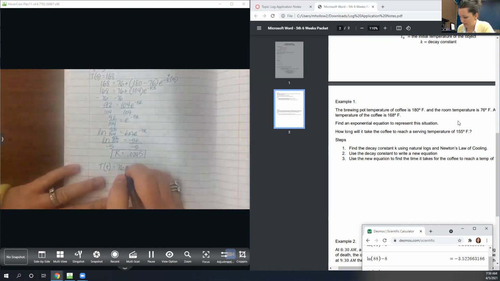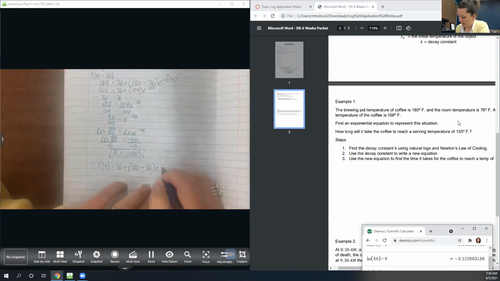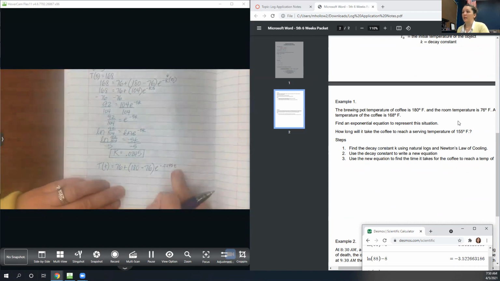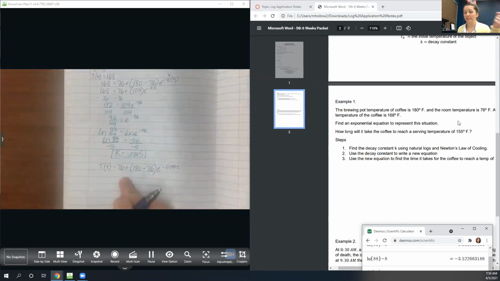The 76 stays. The 180 stays because that doesn't change. It started at 180 degrees, right? The e is still there. The negative is still there, except this number is going to be 0.0245 and t on the end. So notice I can put in any number of minutes here and figure out what that cooling temperature is going to be using this function.